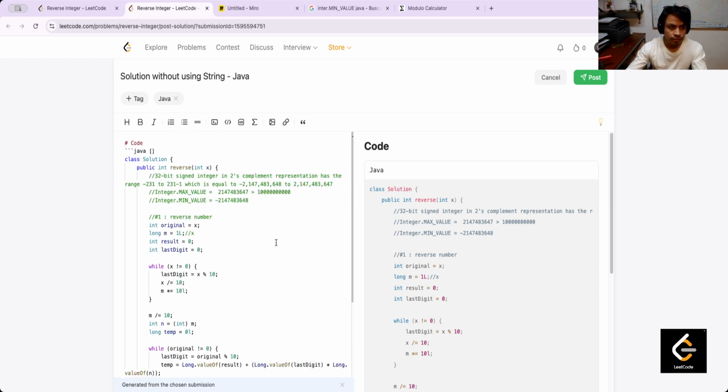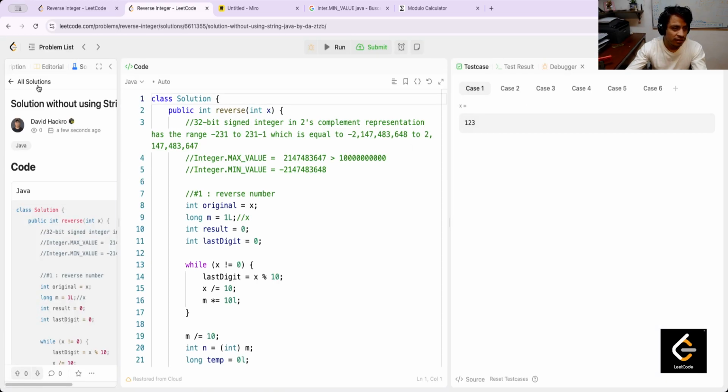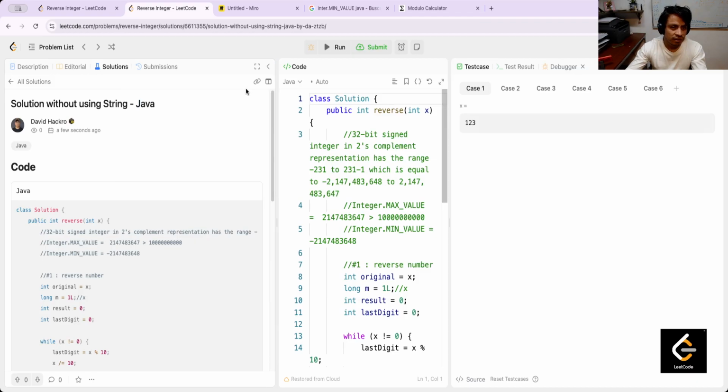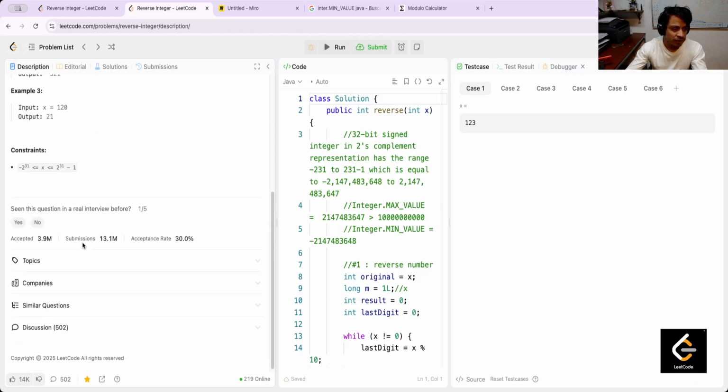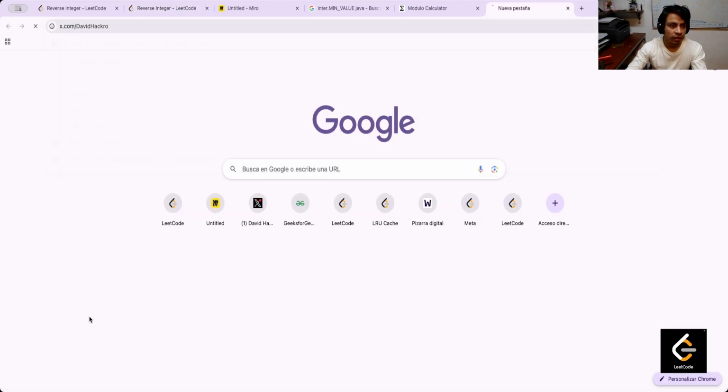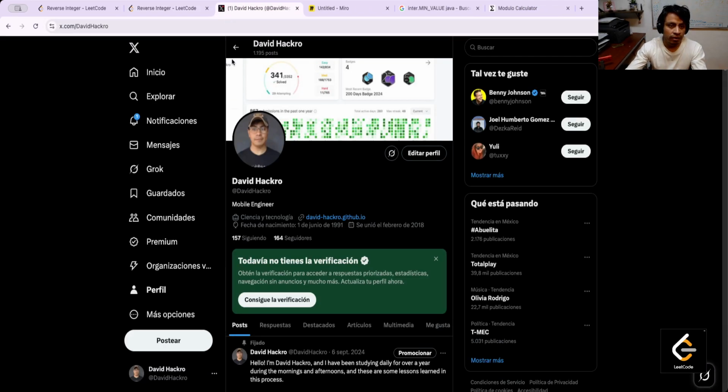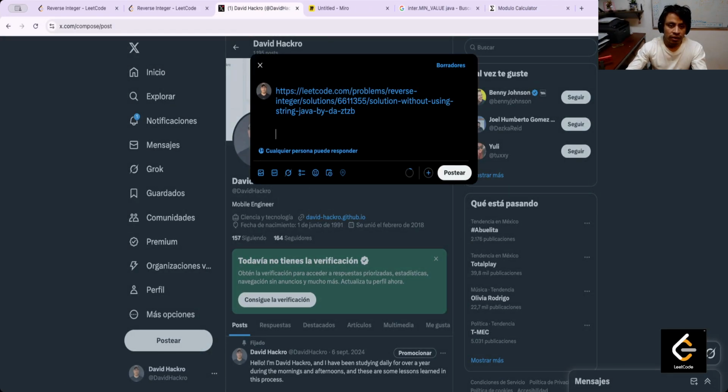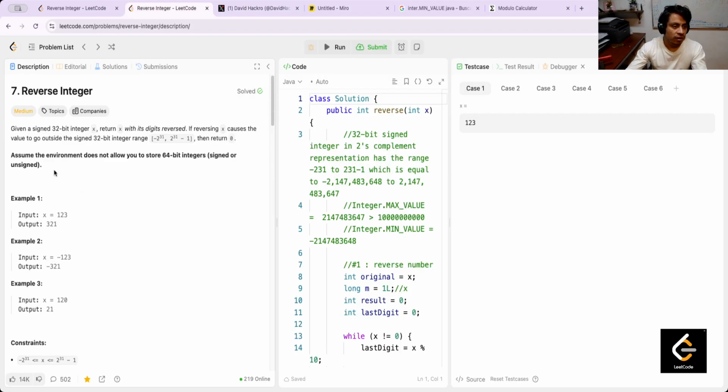I don't feel it's a hard, or a medium problem, at least with this accepted rate because it's very low. I'm not sure why. But first, I will publish reverse code.